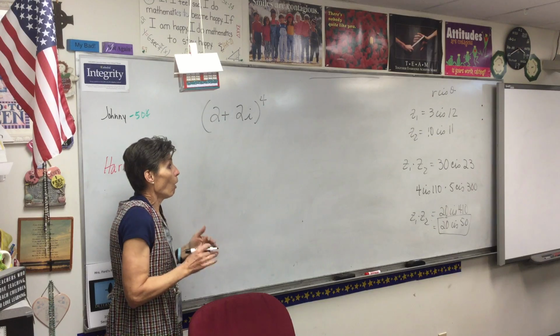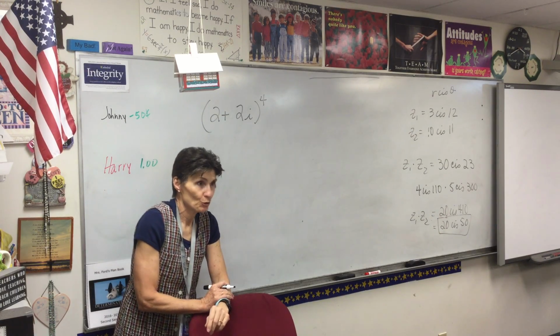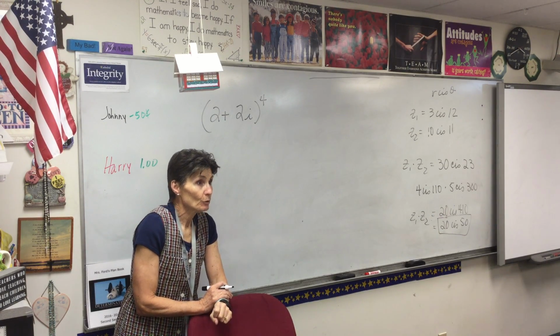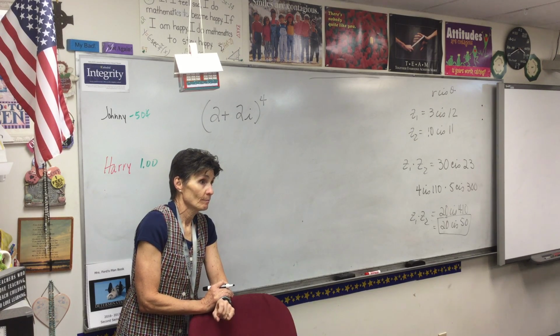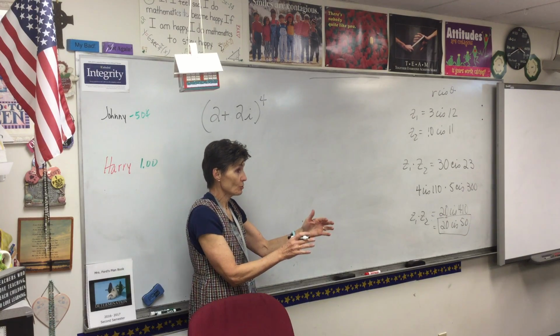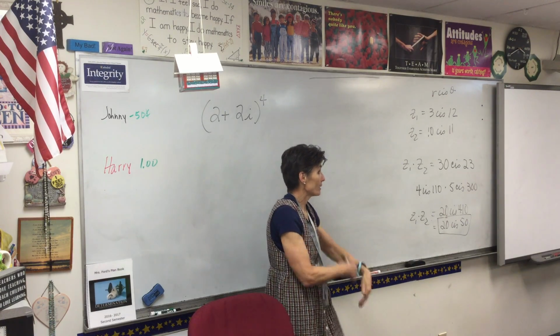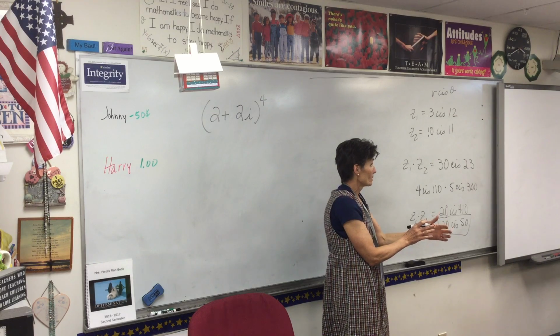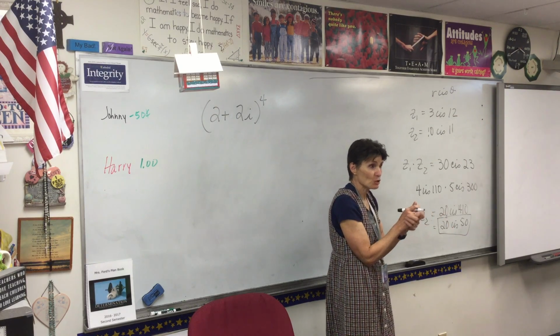Now, you already know how to do the problem. You could FOIL this out. You could do 2 plus 2i times 2 plus 2i times 2 plus 2i times 2 plus 2i. It would take a while, but you could do that.